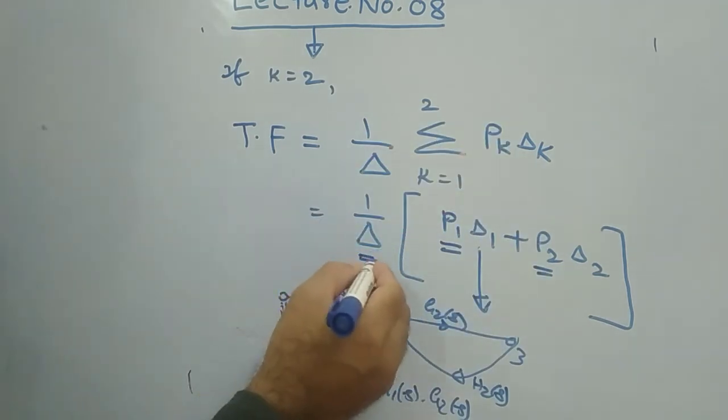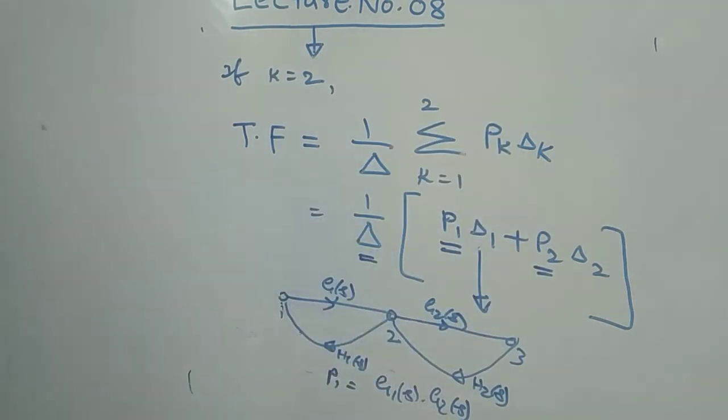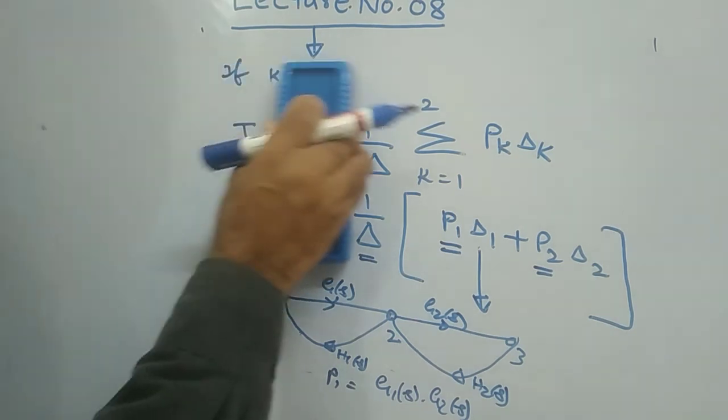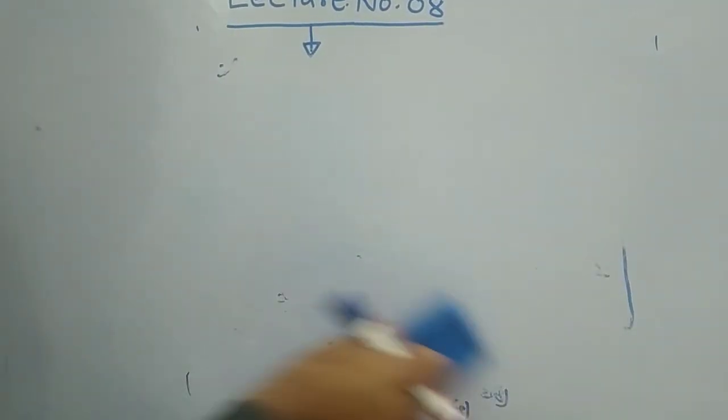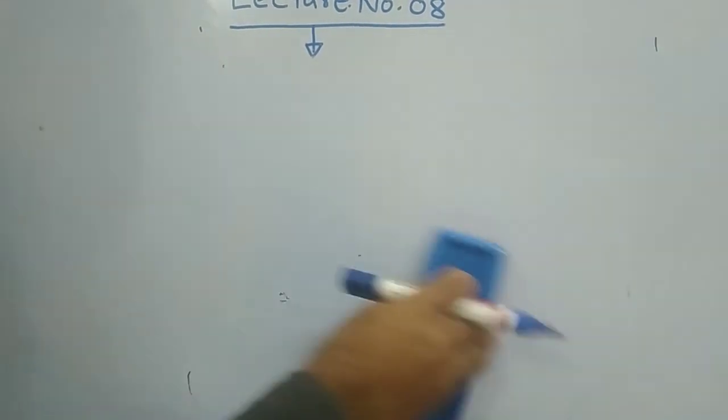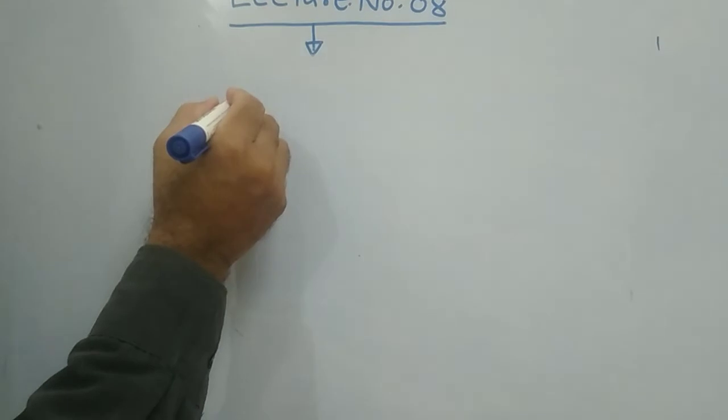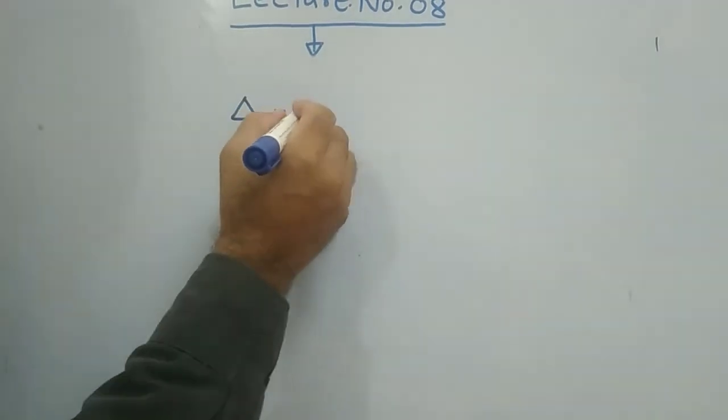Then what is delta? I will explain it here. It is very easy. What is delta? The value of delta is something like this.